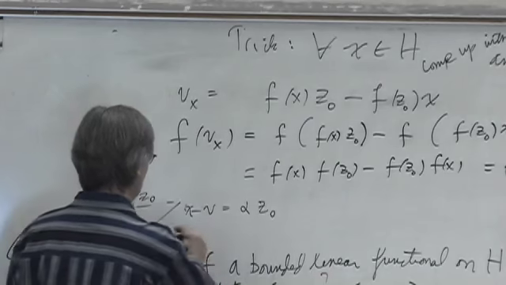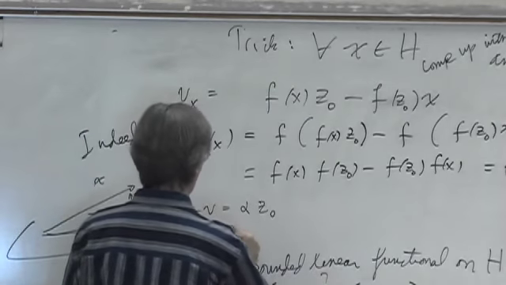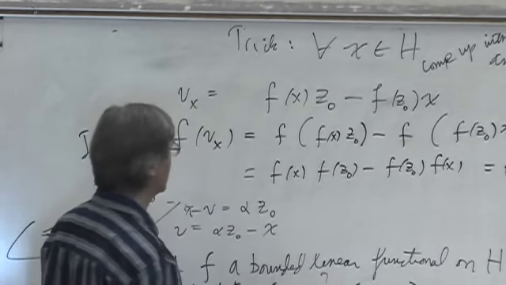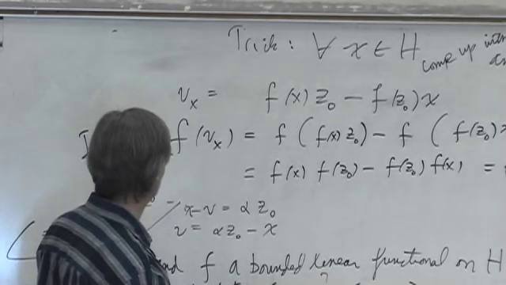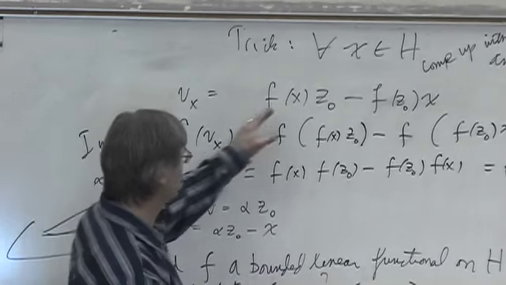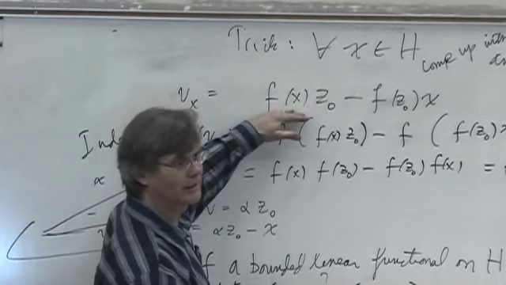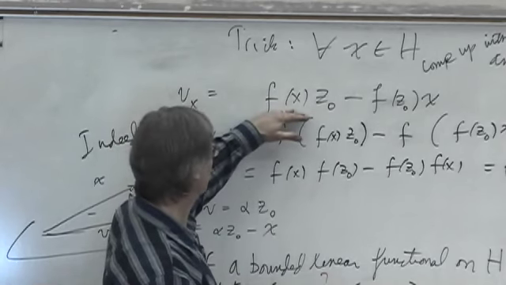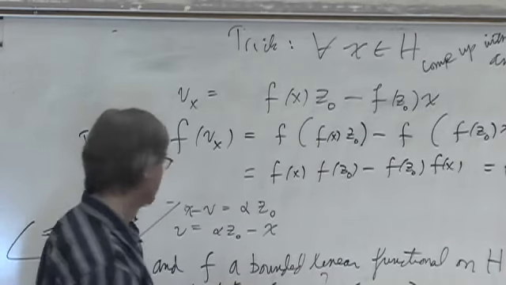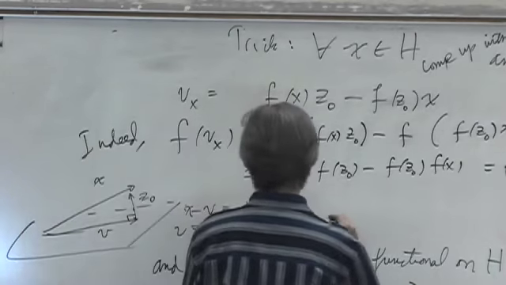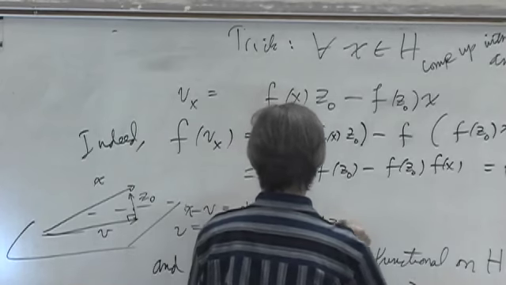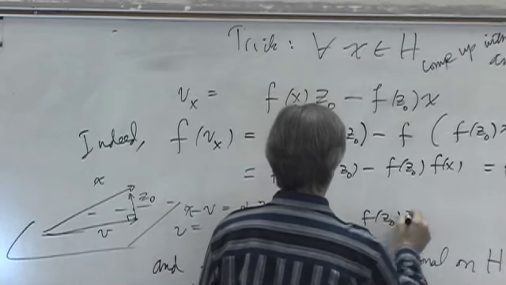So I get that v equals x minus alpha z naught, and then I think the only thing is that I put in an extra factor, okay? And so I could have divided this by f of z naught as well, okay? And so if I divide by f of z naught, I get the same kind of expression, okay? So v equals x minus alpha prime z naught, with alpha prime being alpha divided by f of z naught, which gives f of x z naught minus f of z naught x.